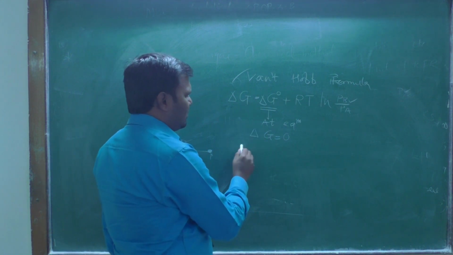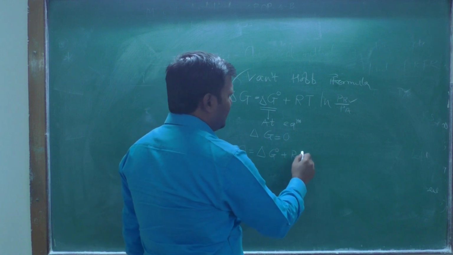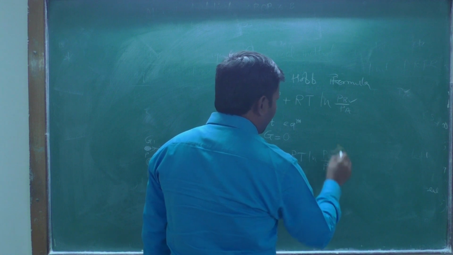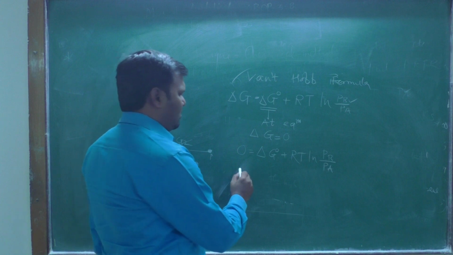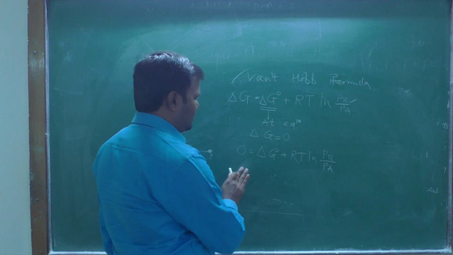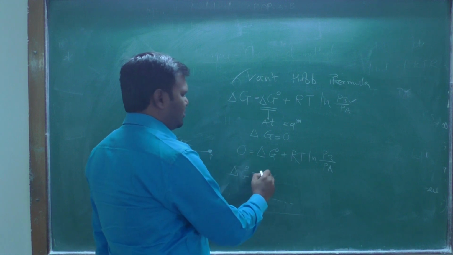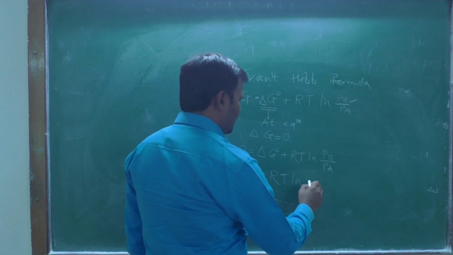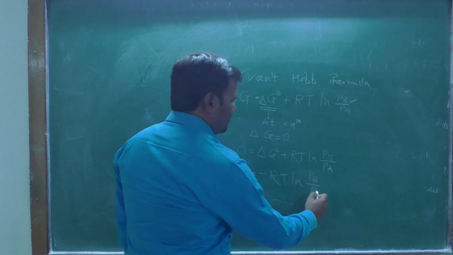Then by putting the 0 value, delta G naught plus RT ln PB upon PA equals 0. Transferring to this side, delta G naught is equal to minus RT ln PB upon PA.